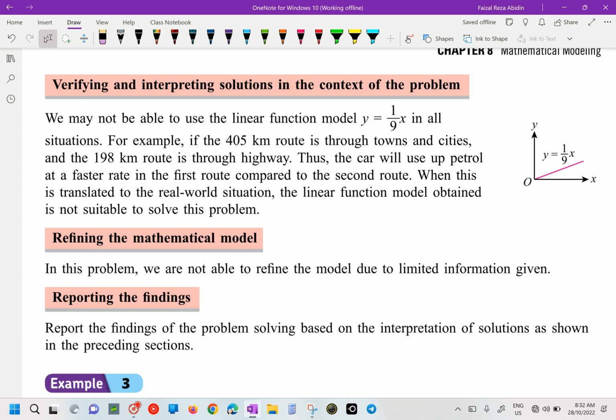Why? Sebab apa? Sebab town lagi habis dah ke? Belum kan? Okay. When this is translated to the real world situation, the linear function model obtained is not suitable to solve this problem. It's not suitable lah.